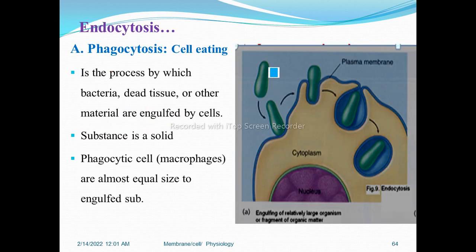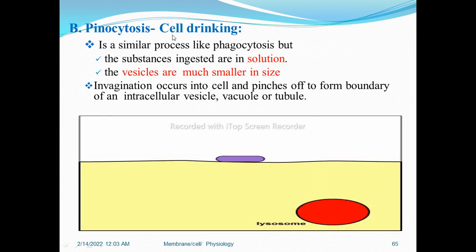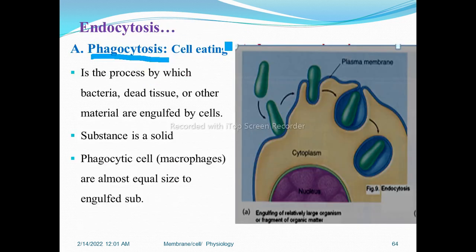So this is outside material, which is engulfed until it is internalized into the cytoplasm. Endocytosis can be divided into two: phagocytosis, or cell eating, and pinocytosis, or cell drinking.